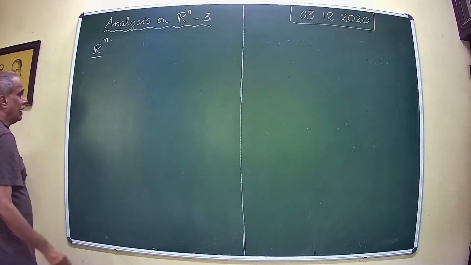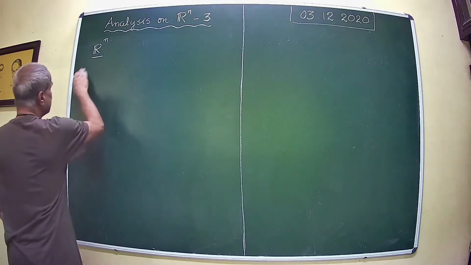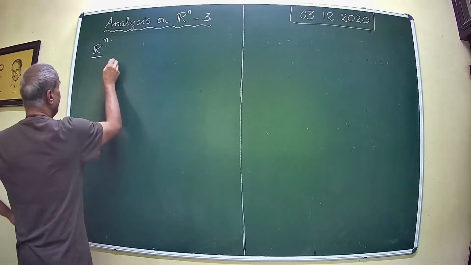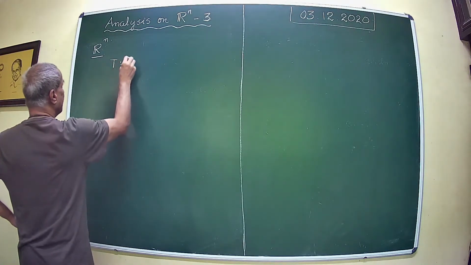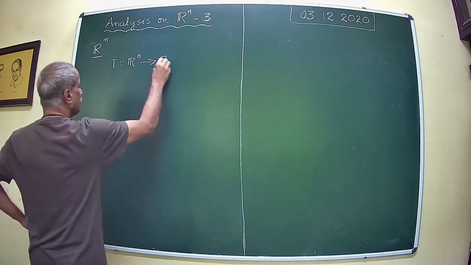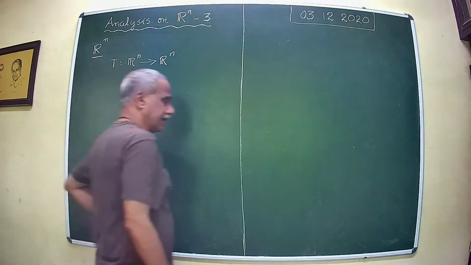So now what we want to look at is mappings from Rn to Rn. So we have a transformation T, a map from Rn to Rn.